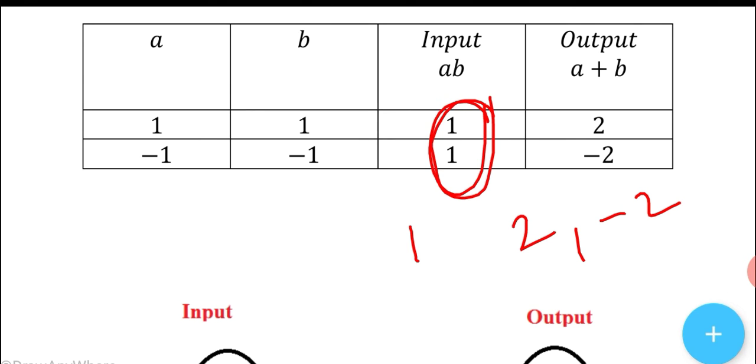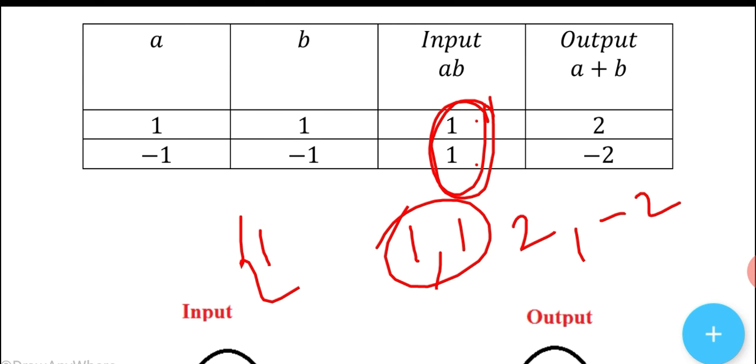In set theory, an element should not be repeated again. Here we have 1, 1, but we should write it in the set as only 1.